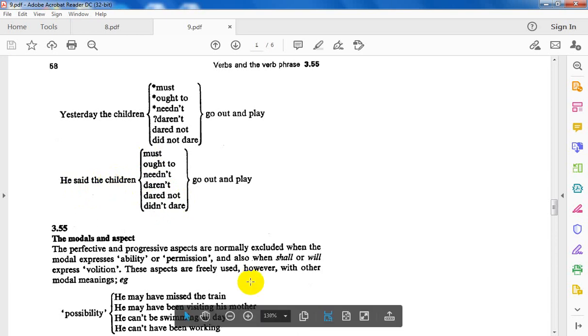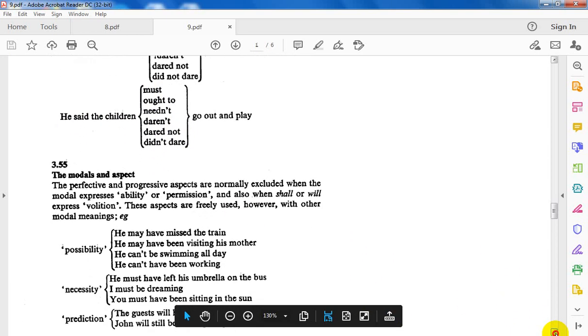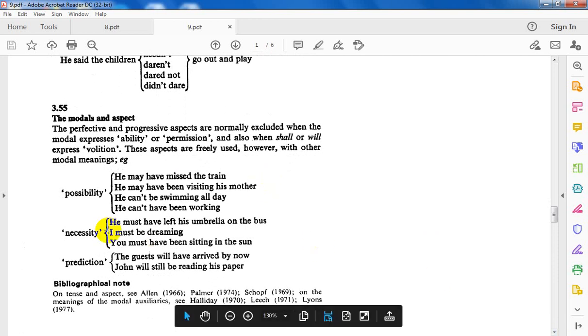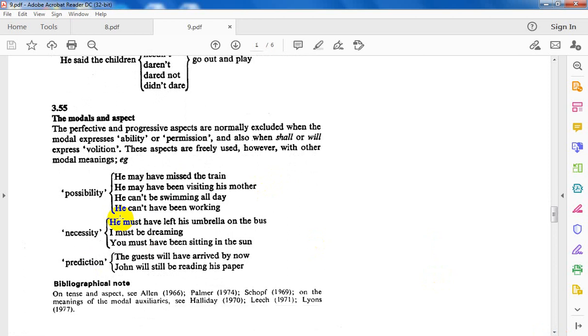Clear? The last item in this chapter is the modals and the aspects. Please pay more attention because it is just like math: 1 plus 1 equals 2. Look, the perfective and progressive aspects.